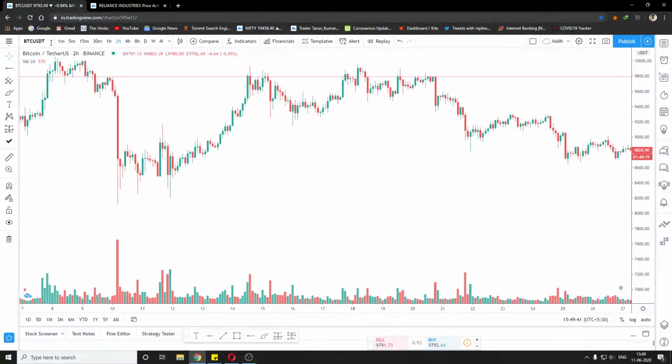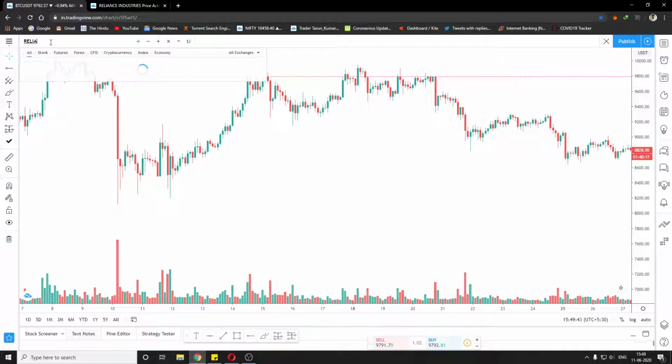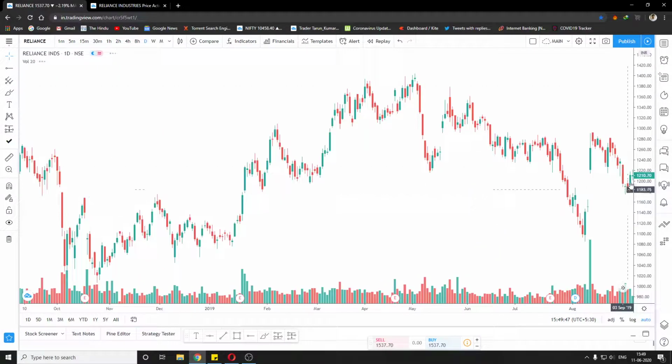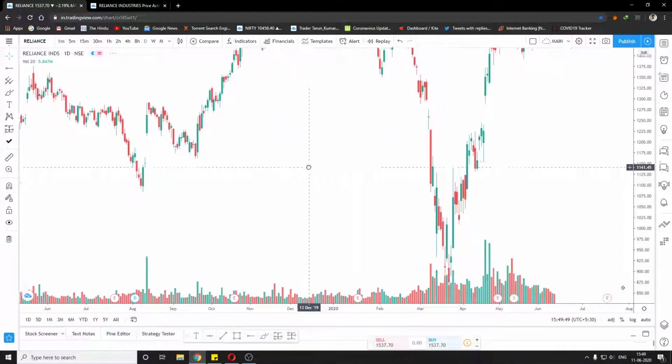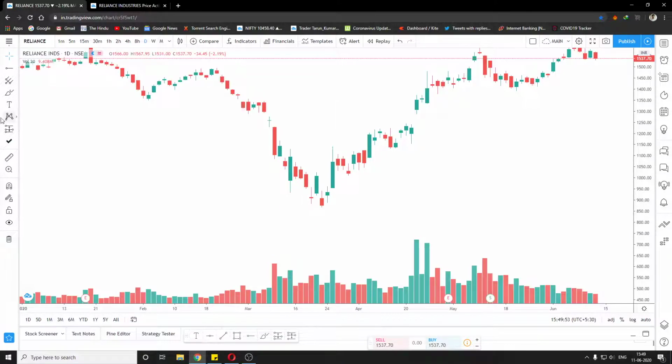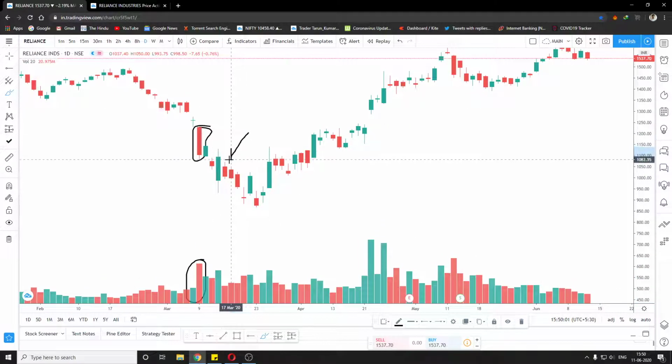For the Reliance, let's go to the Reliance chart, for example. If we see this, it is pure selling volume, we have a big spread and a big candle as well. And then in this first candle, we see some buying because we have a lower wick and a big volume.